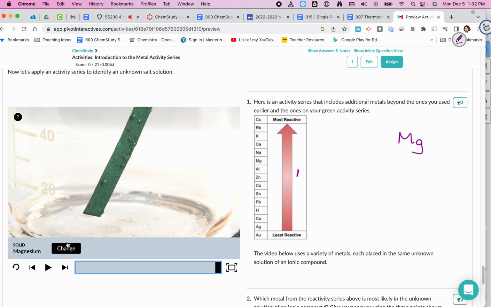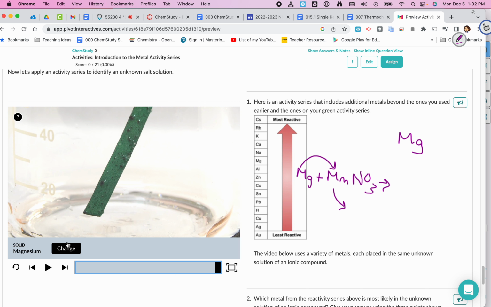So if I take magnesium, we're just going to call it mystery metal. So we'll give it MM for now for mystery metal. And maybe it's mystery metal nitrate. Magnesium is able to get the nitrate. Hold tight, crew. We got 2.5 minutes left. So magnesium can take mystery metal's nitrate.